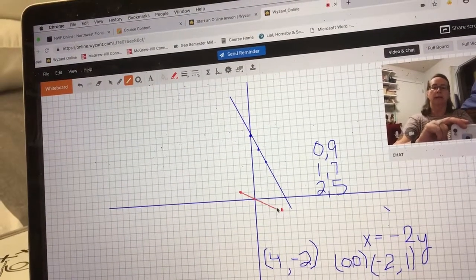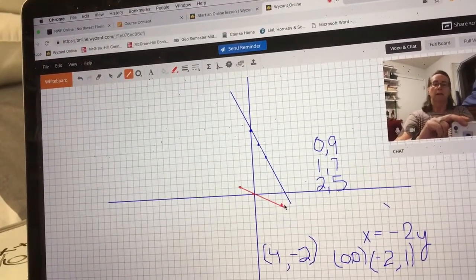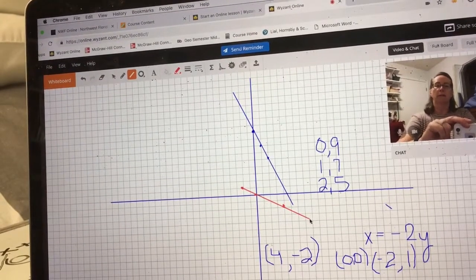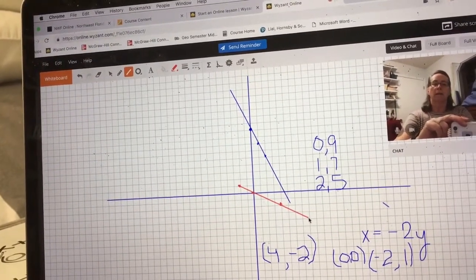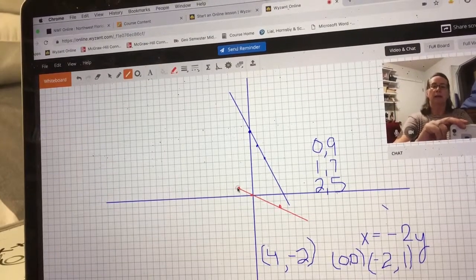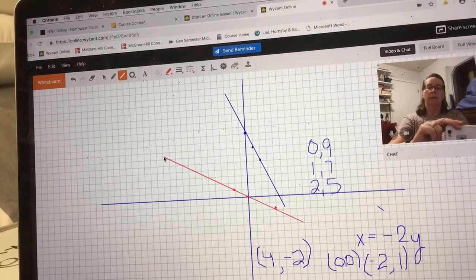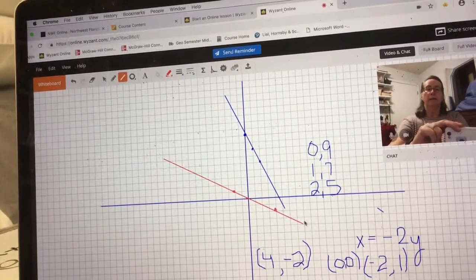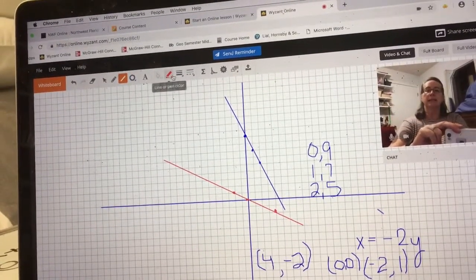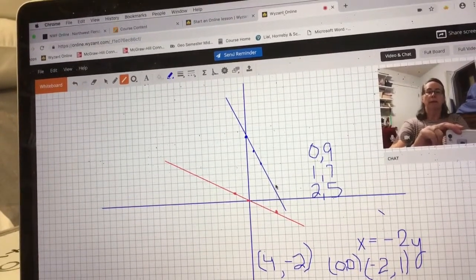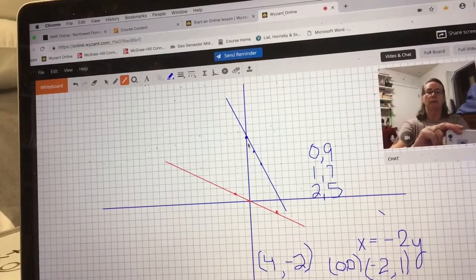So this has got a slope of -1/2. And about that. Okay. So now let's extend our blue line just a little bit. We were going down at a slope of -2.